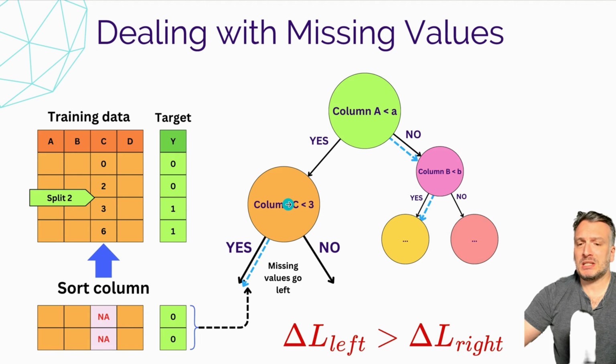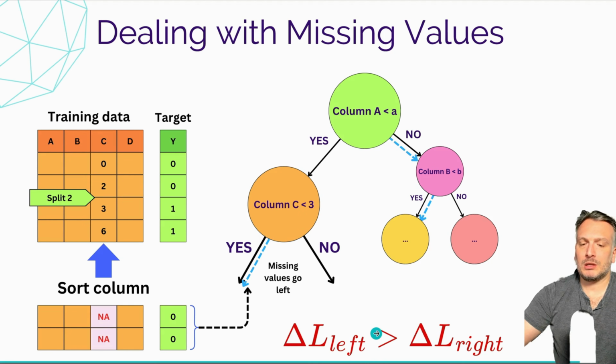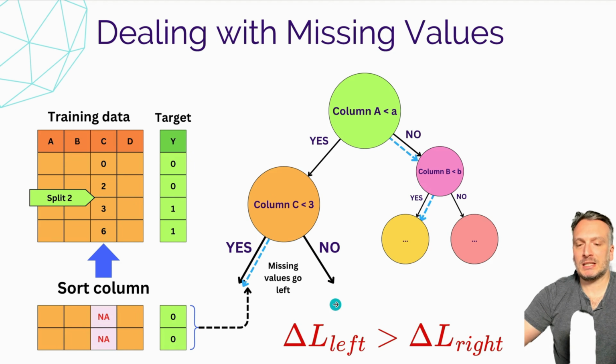By assessing putting the missing values left or putting them in the right node, we're going to see what is the difference in loss function that is going to maximize the difference between the parent loss function and the children loss function. And we could assume that in this case, the difference is maximized when we put the missing values left. At each node, we're going to assess the missing values differently, and the missing values will be assigned a default direction, left or right, at each of the nodes.